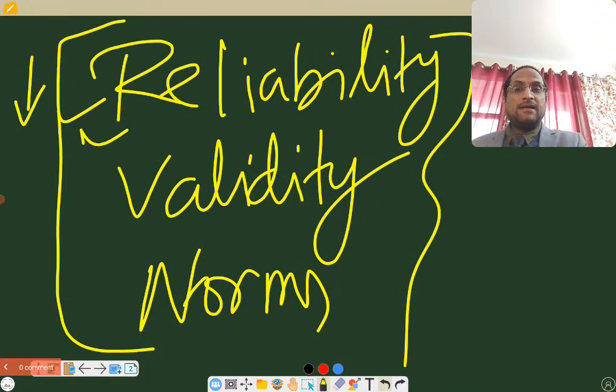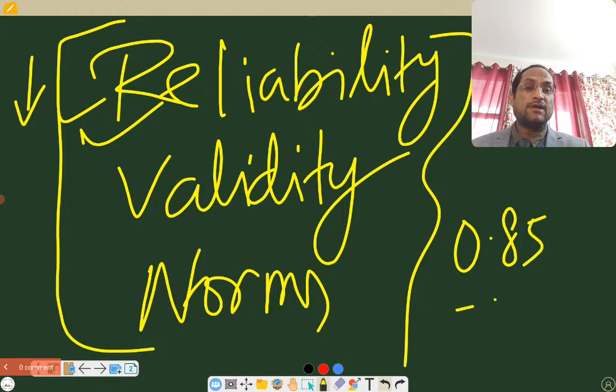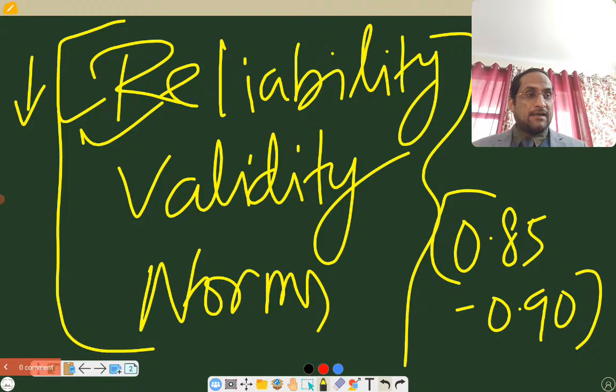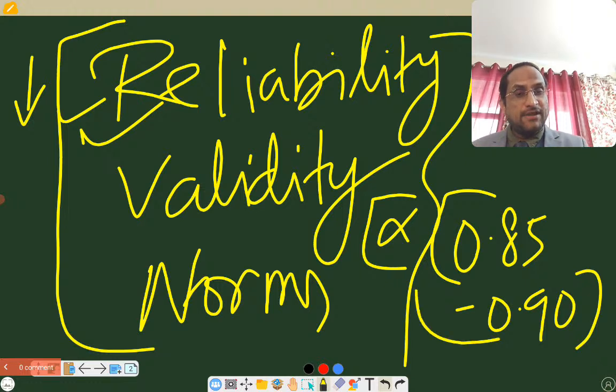So, reliability we have seen, it should be high, of the order of what? Around 0.85 to 0.9. That is the stability coefficient alpha, which we call stability coefficient. How stable should be the scores? What does it mean?